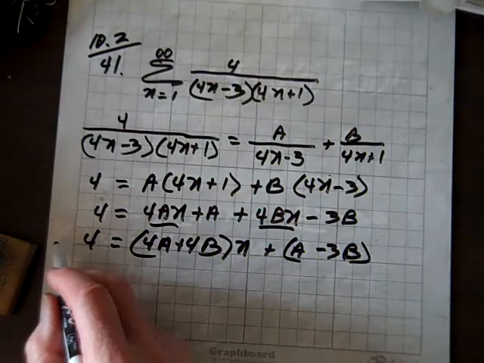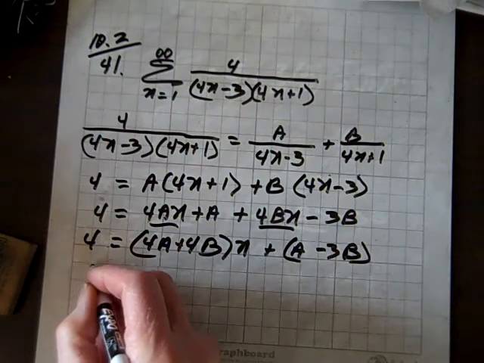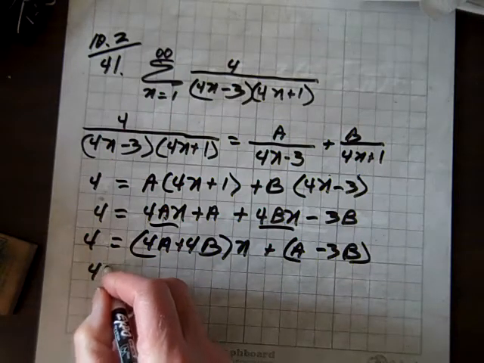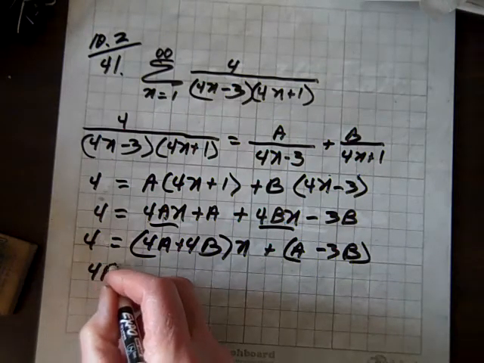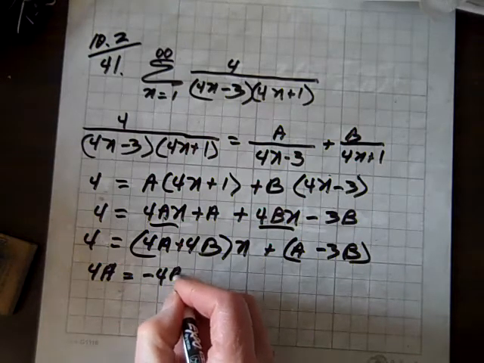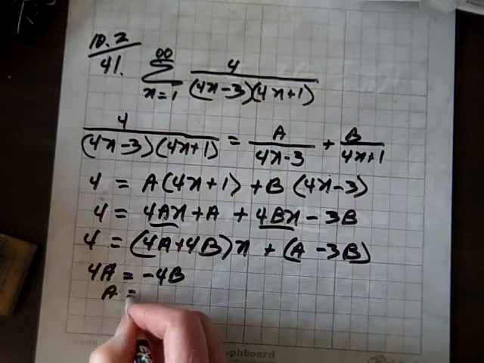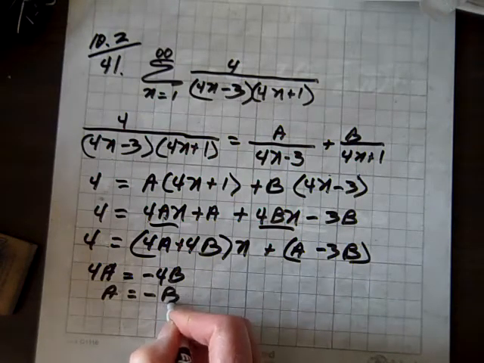Now, there is no term containing n over here, so this coefficient must be 0, which implies that 4a must equal negative 4b, or dividing through by 4, a equals negative b.